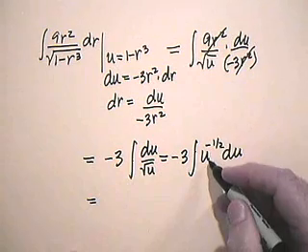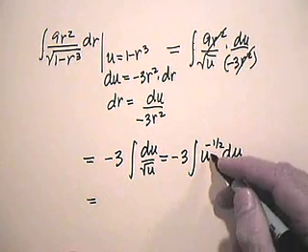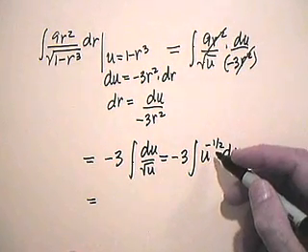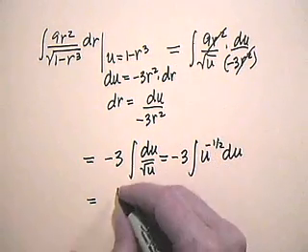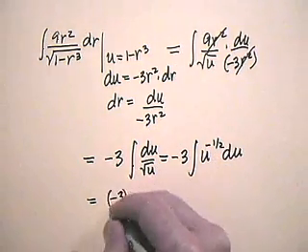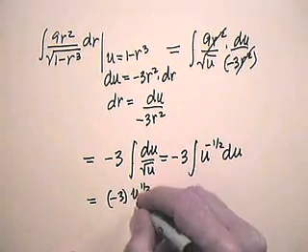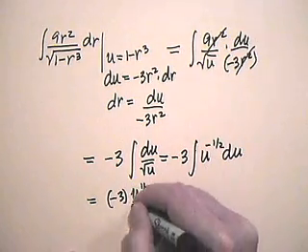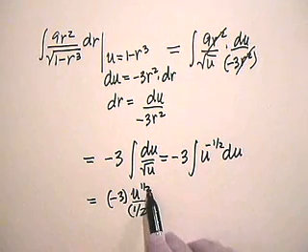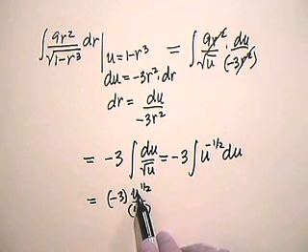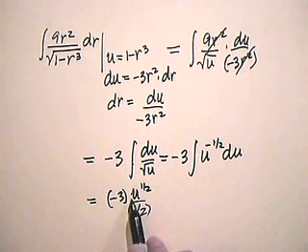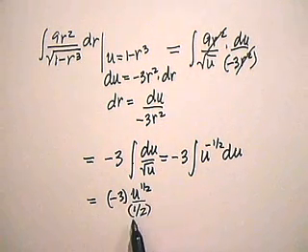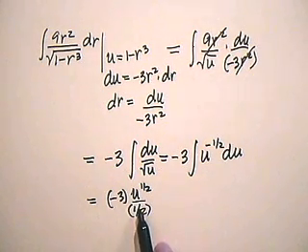Now to find an antiderivative of u to the negative 1/2, well, let's just go up a full power, up to u to the 1/2, negative 3 u to the 1/2 divided by 1/2. If I differentiate u to the 1/2, I will get 1/2 times u to the negative half, and that 1/2 out front will cancel the 1/2 I have down here.